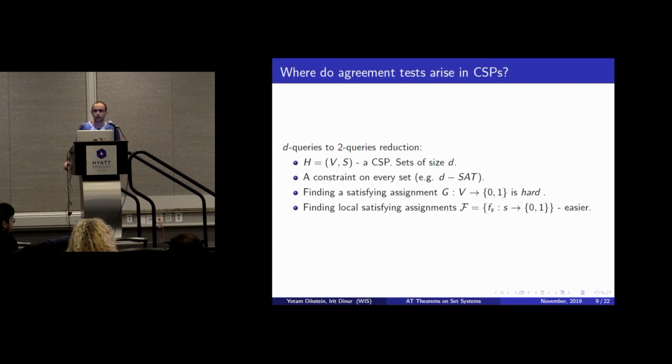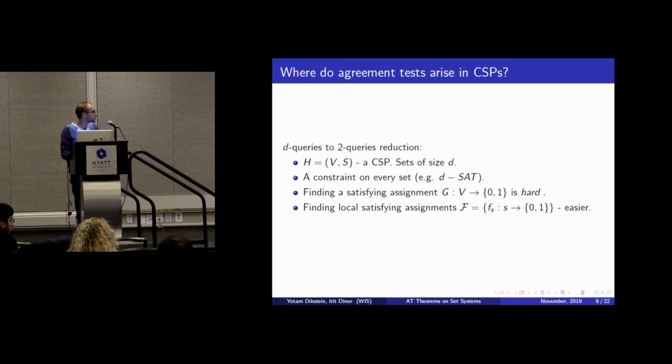However, of course, if I look at only a single set and a single constraint, it's much easier to find a local assignment that satisfies just this constraint. Now imagine that on our set system, we also have an agreement test.